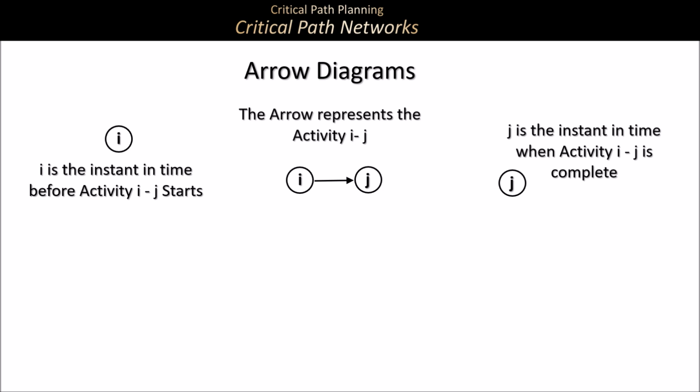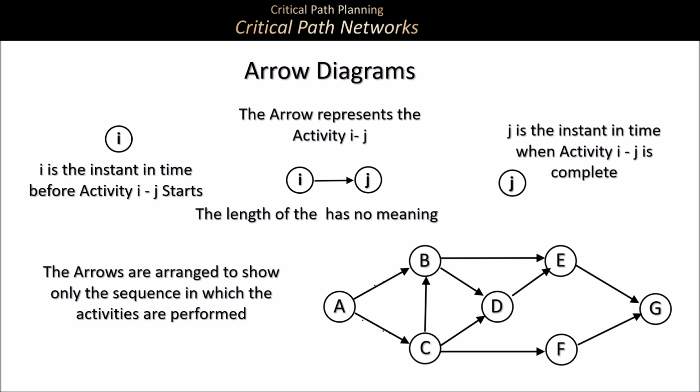J is the instant in time when activity ij is complete. The length of the arrow has no meaning. The arrows are then arranged to show only the sequence in which the activities are performed. There is no reference to time.